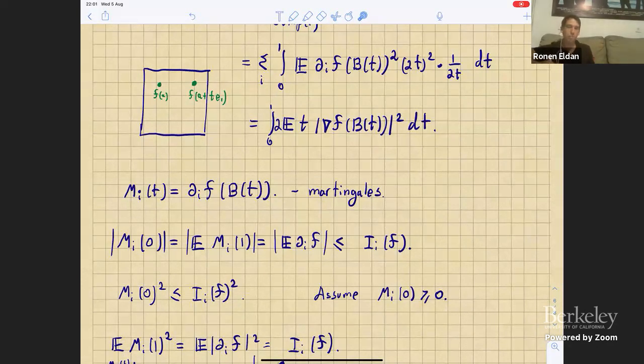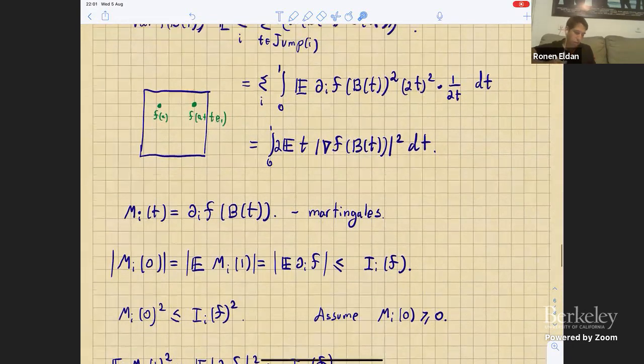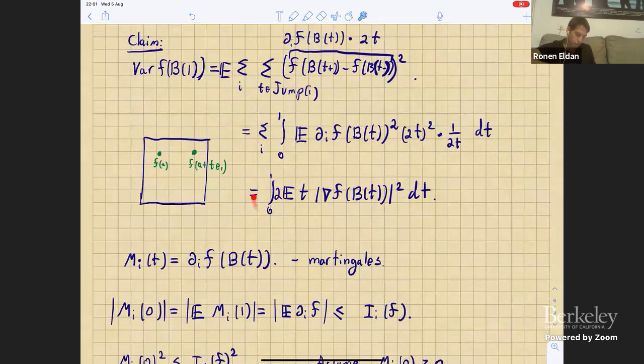Only very close to time 1 does this level 1 inequality allow us to move. So instead of integrating from 0 to 1, it's enough to look at the integral from 1 minus small delta to 1. This is the only place where you can get some contribution, and this is where the log factor comes from.